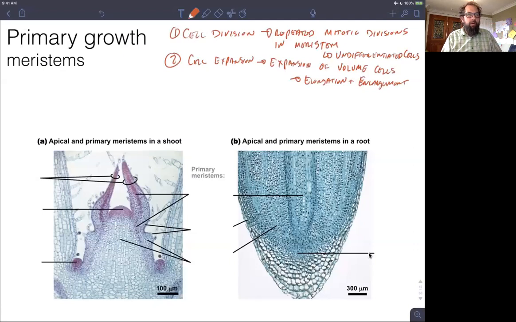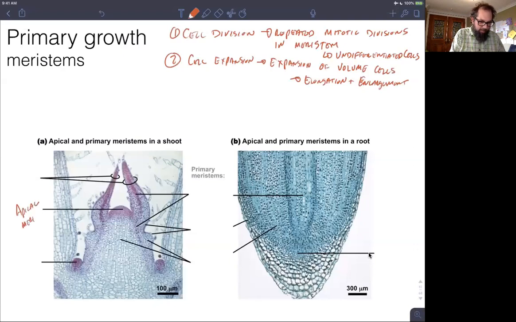So primary growth, remember, is that growth in length in the plant. So a plant getting taller or roots getting longer. And so in both the roots and in the shoot, the primary growth is happening in the apical meristem. And so in the plant shoot, we've seen this already.